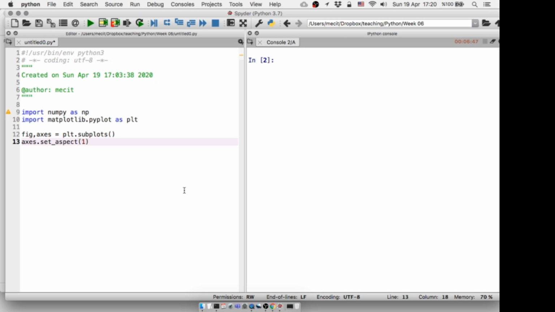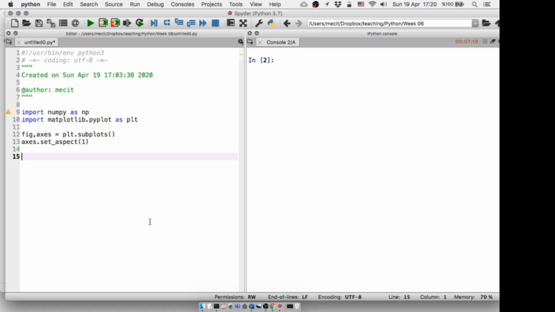I need these two lines to make sure that my graphics output has the same aspect in x and y. This is important when you do vectors, because in order to get the directions of the vectors right, you need the aspect ratio to be 1.